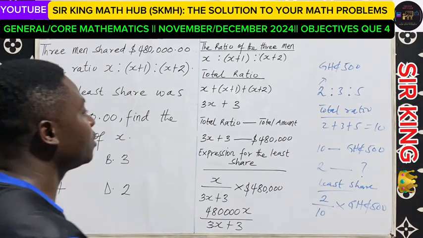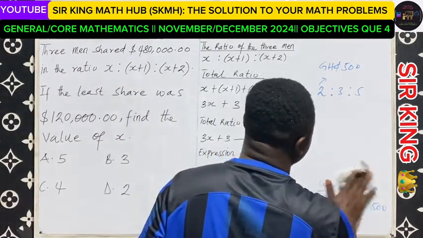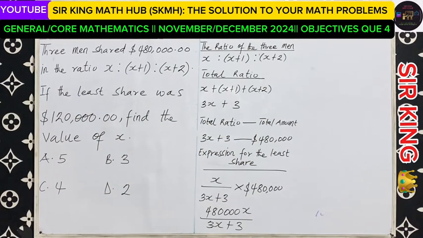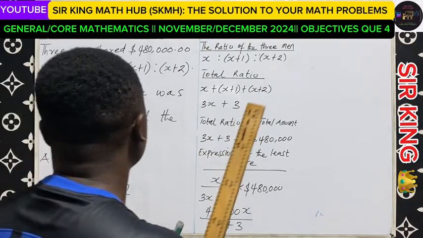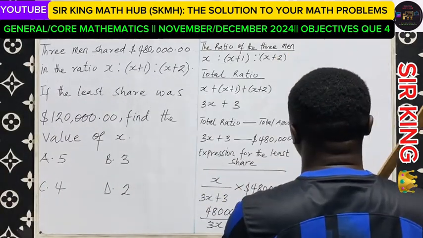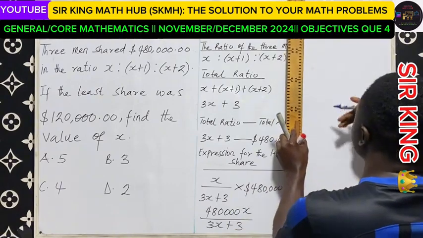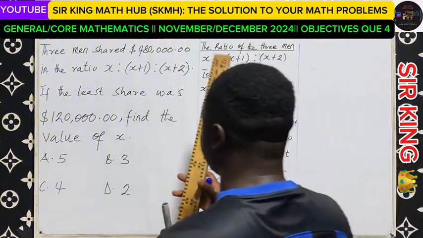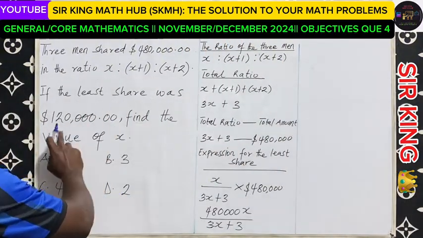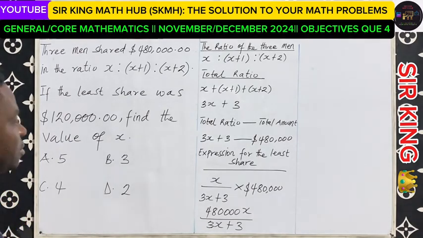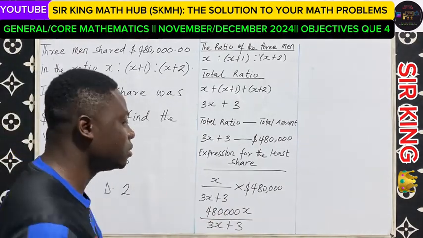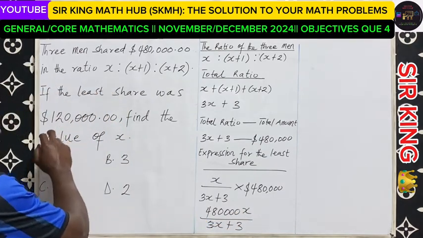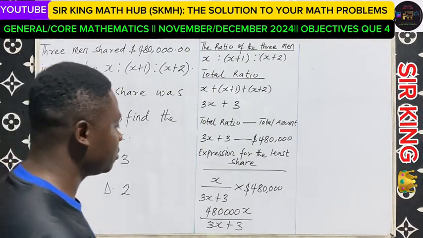But in the question, we have the actual value for the least share. What was the least amount received? From the question, the least share was $120,000. So with this we can set up an equation. The expression for the least share must be equal to the least amount received.